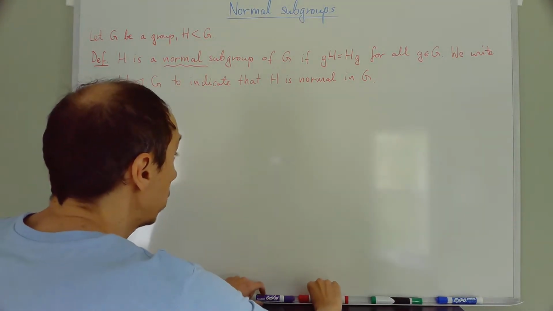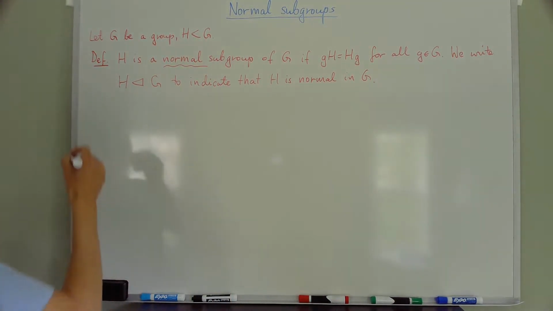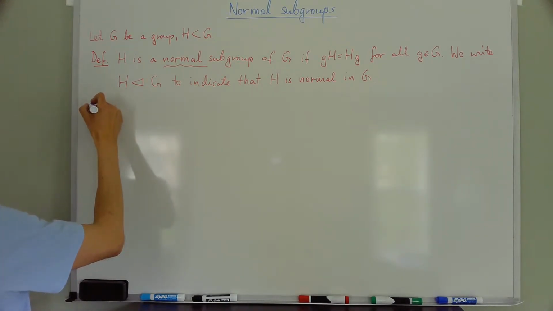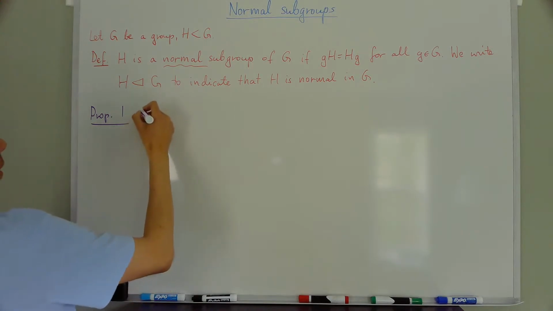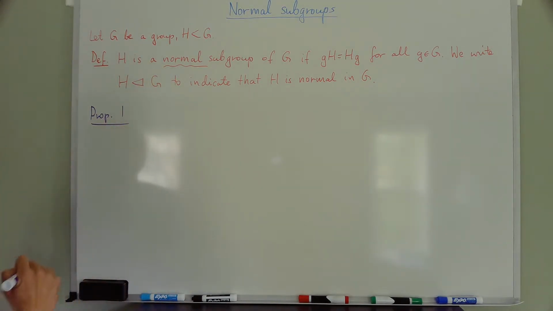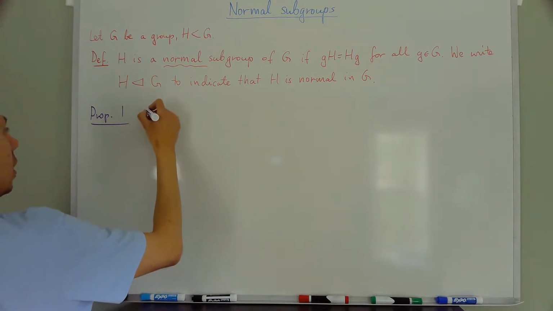There are some that are sort of obvious. So let's just write them in a series of propositions. G will be a group always in these propositions.